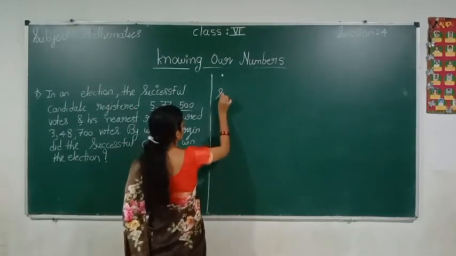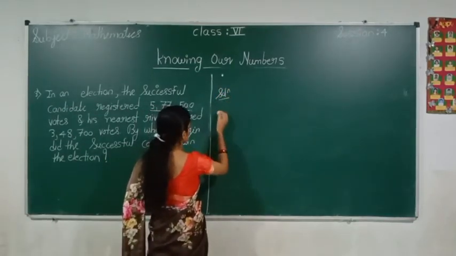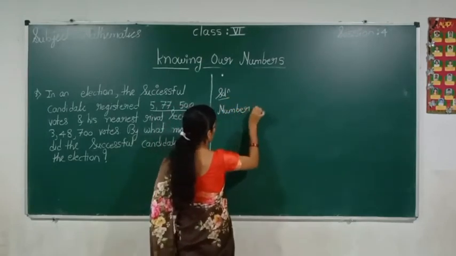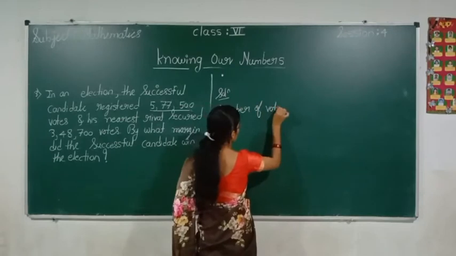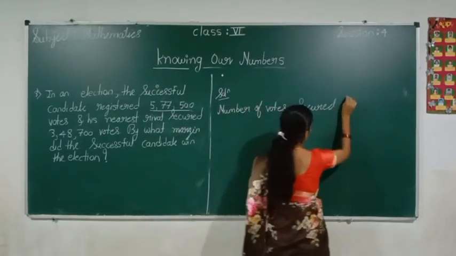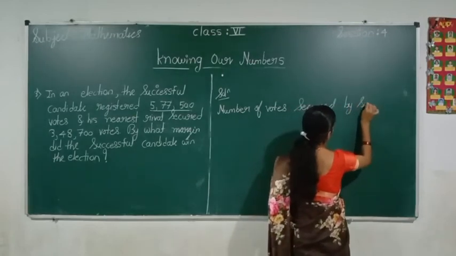See here, solution. The number of votes secured by the successful candidate, what is that?